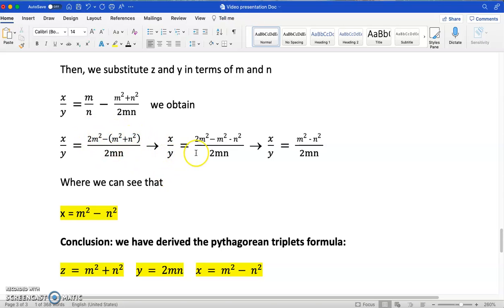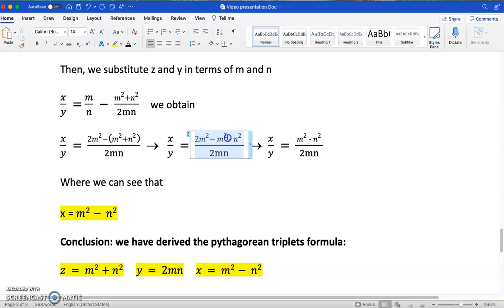But in the next step, we are going to distribute this negative here. When we distribute this negative, we get that x over y equals 2m squared minus m squared minus n squared over 2mn.